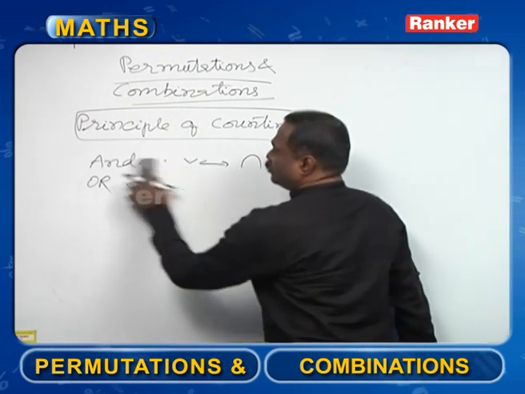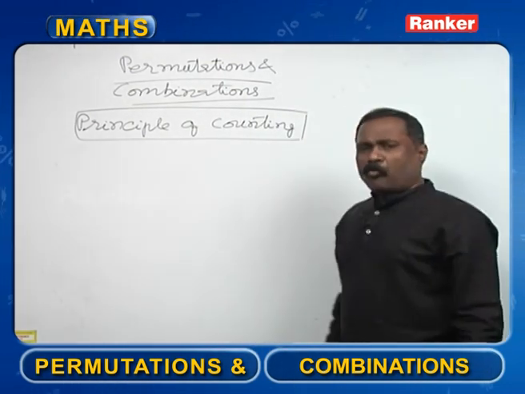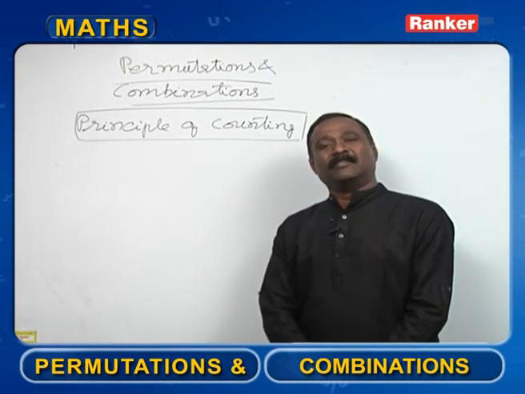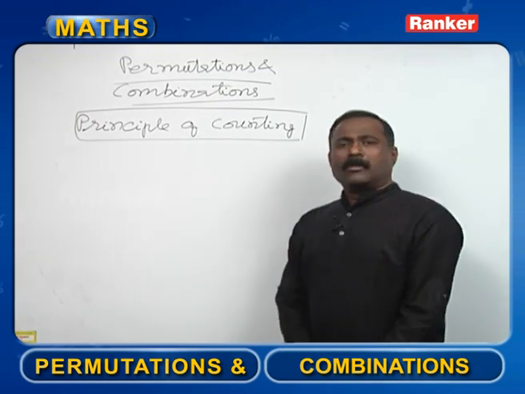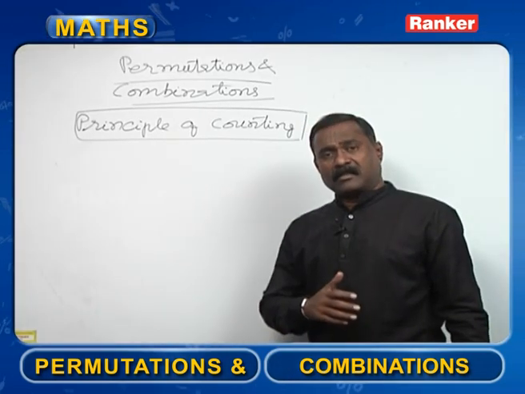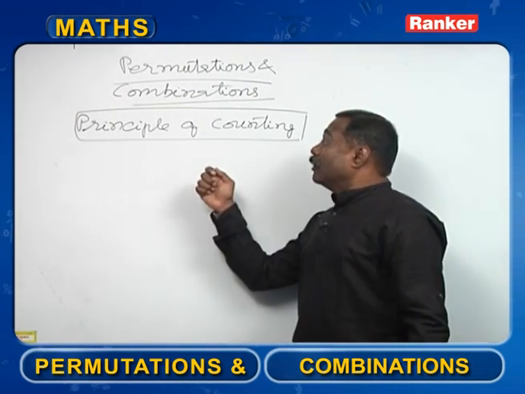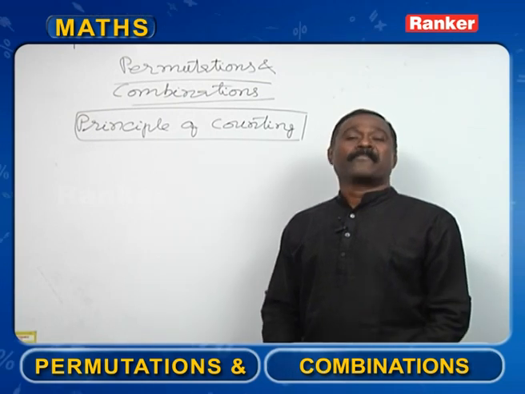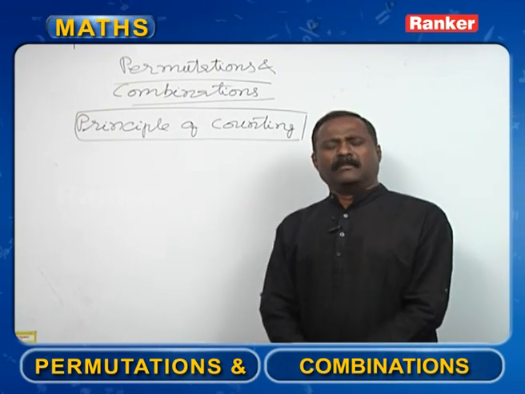Okay, so today, to get more confidence in working out the problems, first of all we will learn the basic problems that can be solved only on the basis of the principle of counting. So how do you analyze the problem?